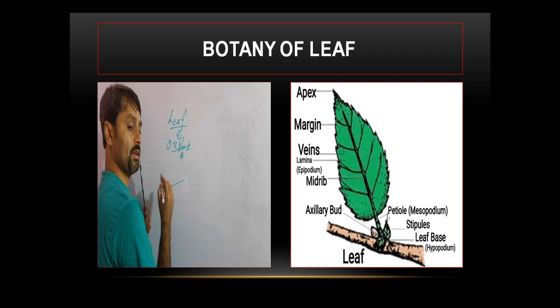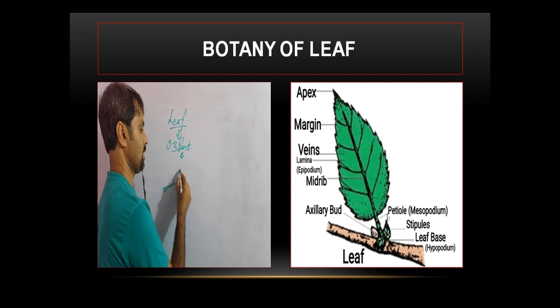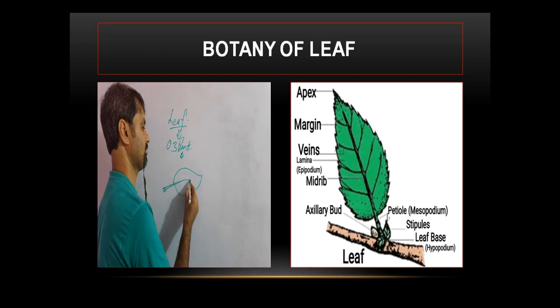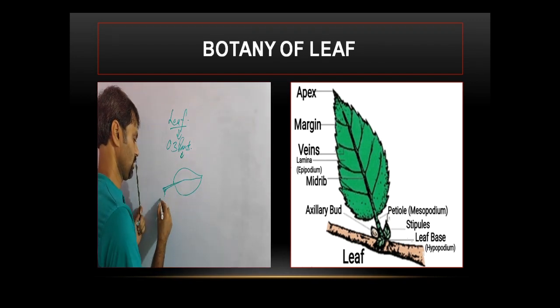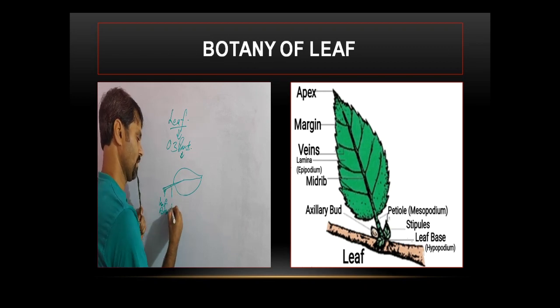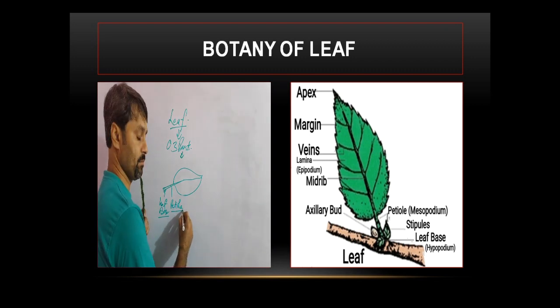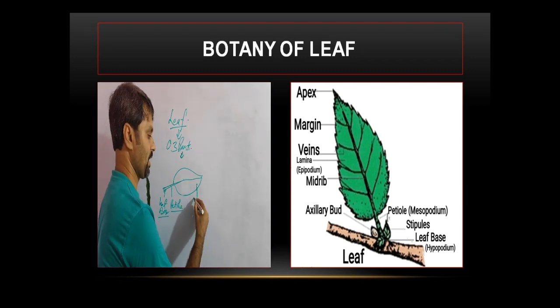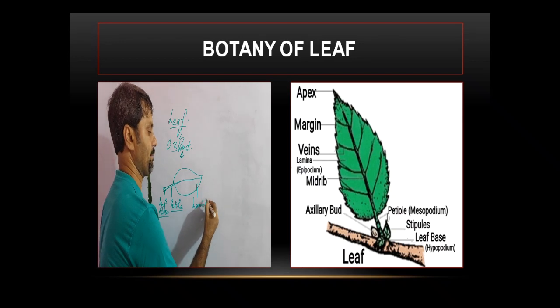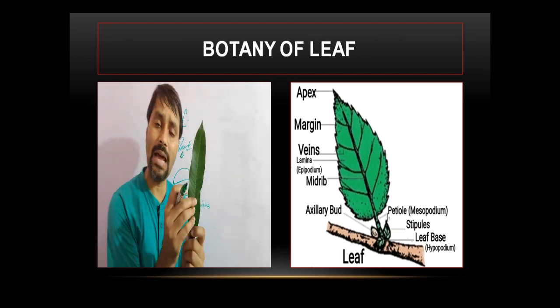This is the leaf base, this is the petiole. This is the hypopodium, this is the mesopodium, and this part is lamina or blade. This is the epipodium.